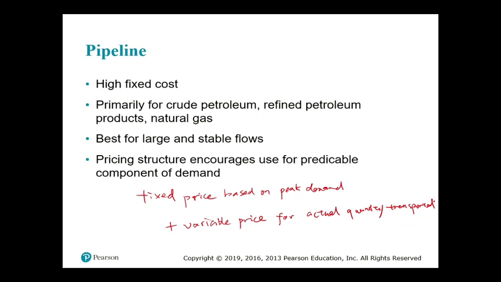So this pricing structure would incentivize the shippers to segregate the stable part of their flow, use that for pipeline, and then use other modes for the uncertain part of their demand.